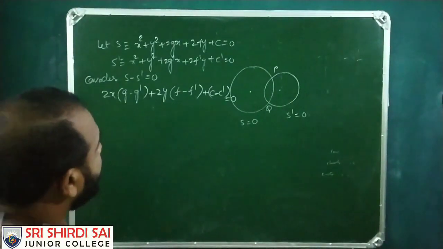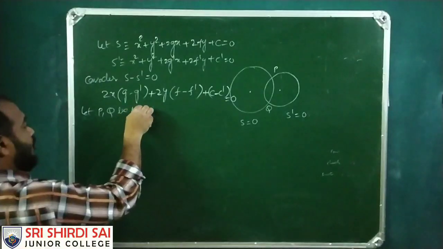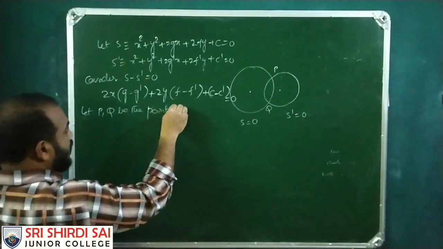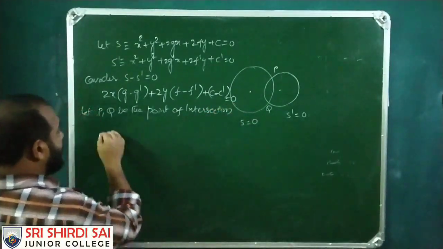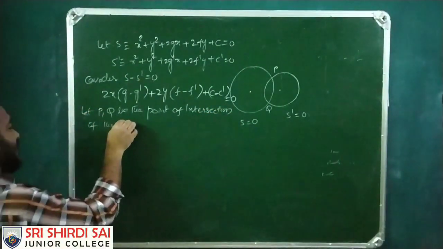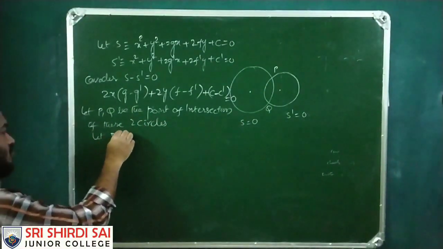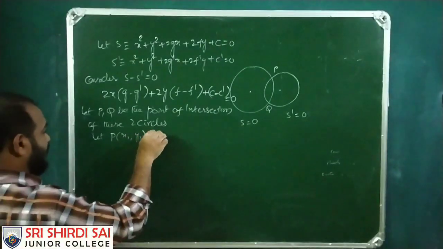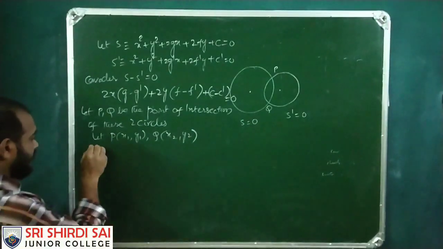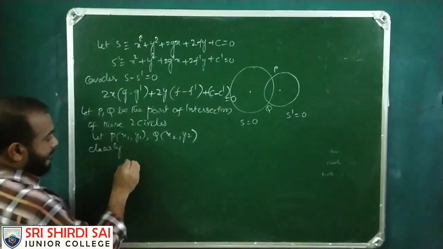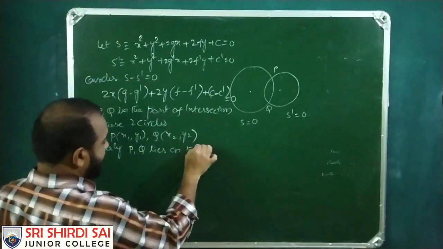So this is here, let P comma Q be the points of intersection of these two circles. Let P equal x1 y1 and Q equal x2 y2. Clearly P comma Q lie on the circles.